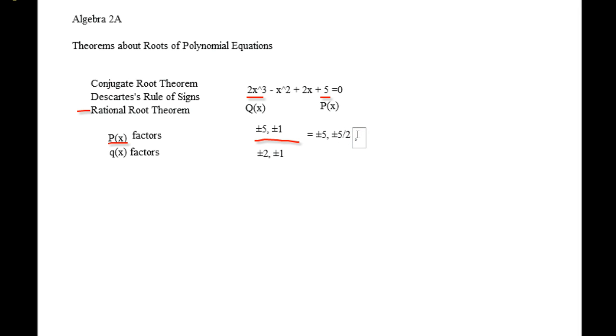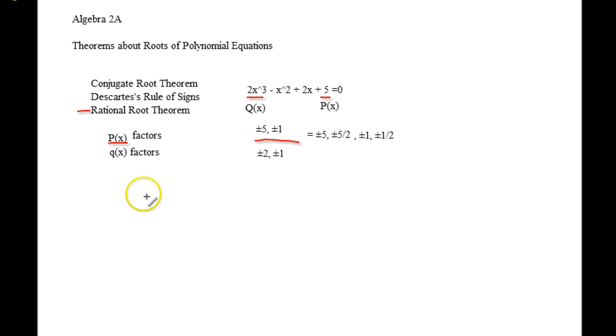So the next one I'm going to have plus or minus 1, because 1 divided by 1, and then I'm going to do 1 divided by 2, so that's plus or minus 1/2. So these are my possible factors. Now you're probably asking yourself, which one is it? Okay, and what you're going to do is synthetic division a couple of times to actually find out which one gets you 0.